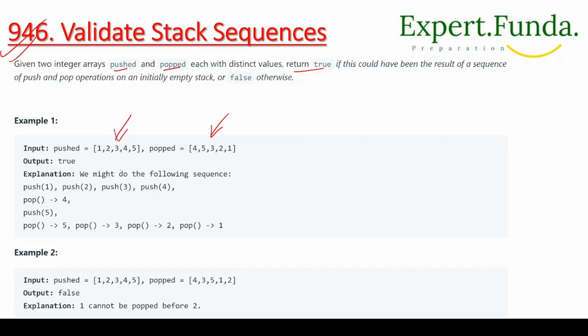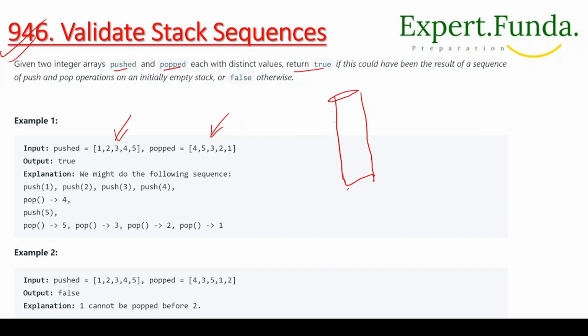So we have been given this push array, and we will take all these elements into a stack. So let's consider we are going to take one stack like this. One by one, the given elements we will put onto this stack.